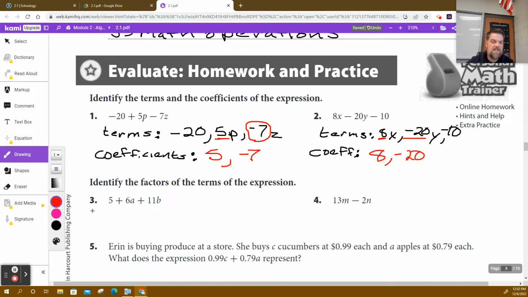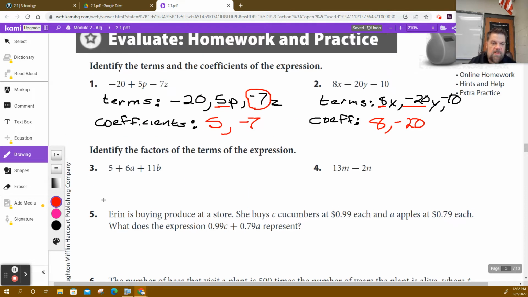So now the next one, it says identify the factors of the terms of the expression. So we're going to do one at a time. So 5 is just a factor of 5. Okay, so that's all by its lonesome. And then what's the factor of 6a? It's 6 and a because 6a means 6 times a. And then 11b means 11 times b.